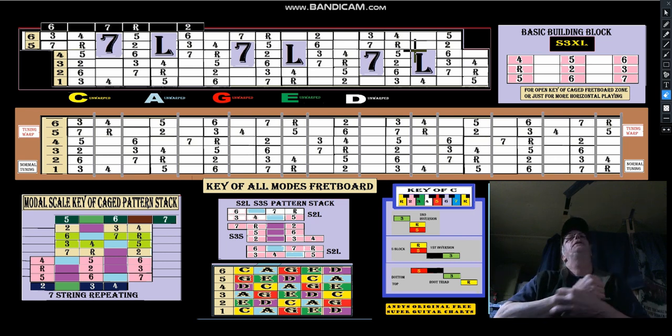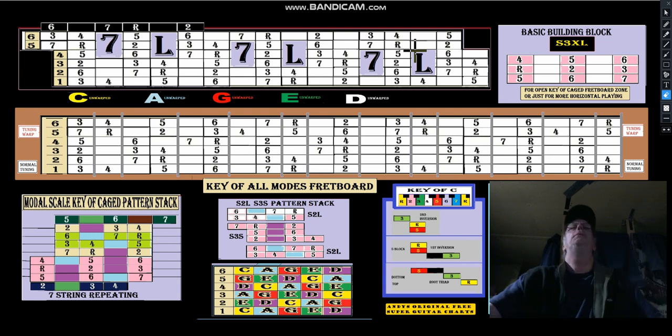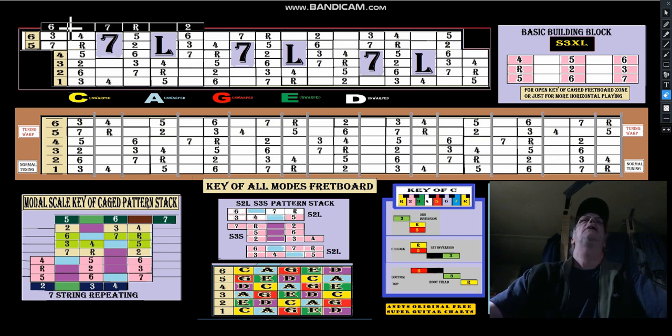The important thing to realize is that there's only 2 major patterns that are in play here, the S2L and the S3S. When you put them together, like we talked about up here, to make it a 7L, you come up with a new middle part.